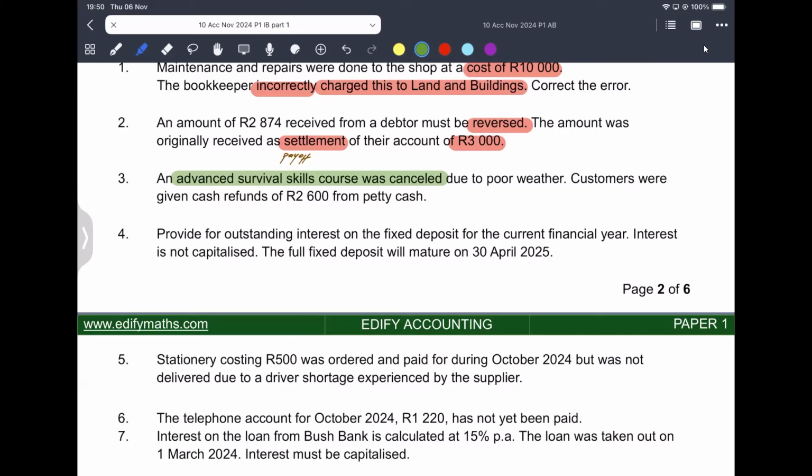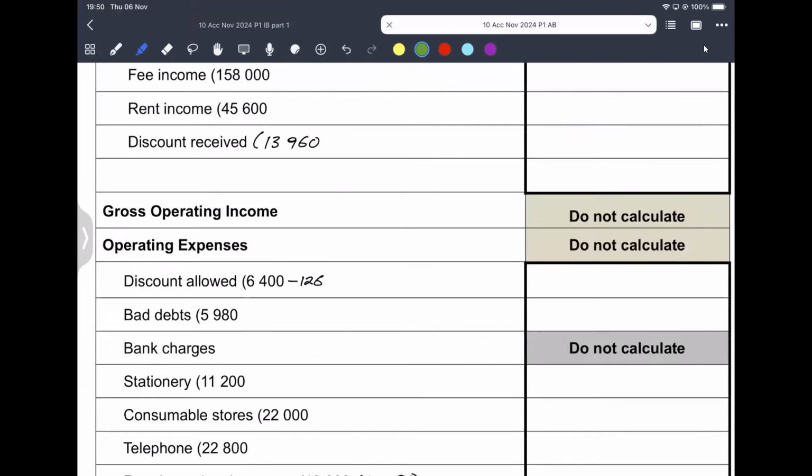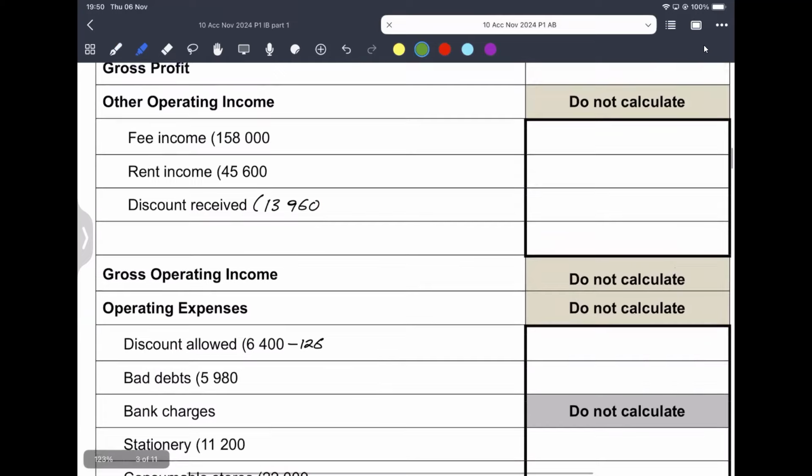Now, the fact that this was cancelled, it means our fee income was increased by that 2,600. So because the survival skills course was cancelled, we will have to minus the 2,600. The reason we are subtracting it is because we did not earn that income. We are not entitled to it.